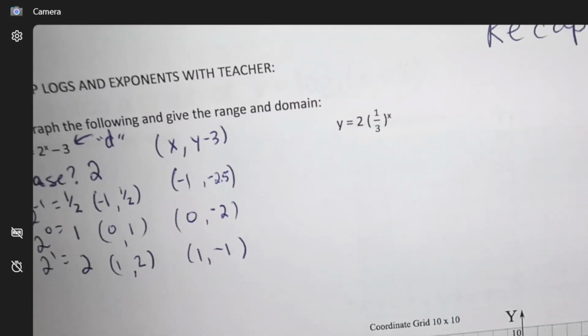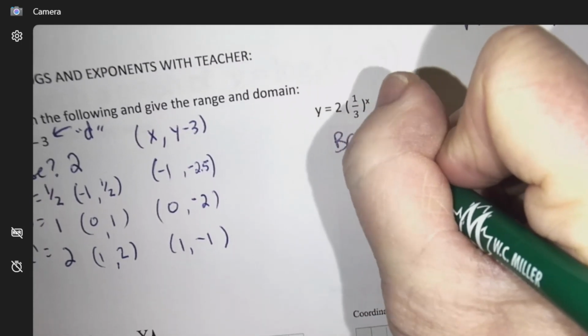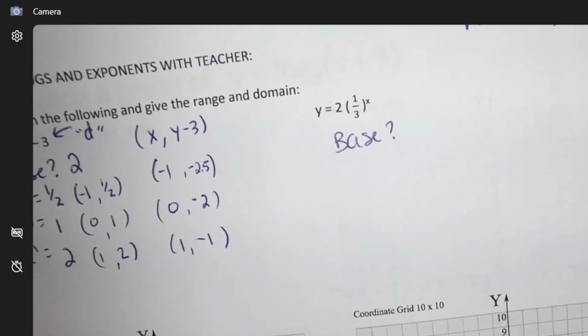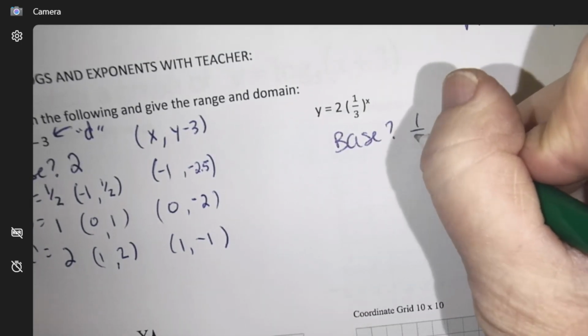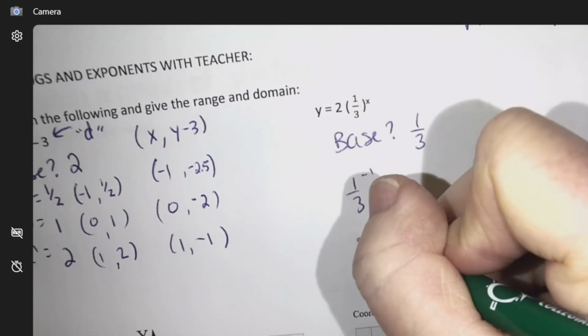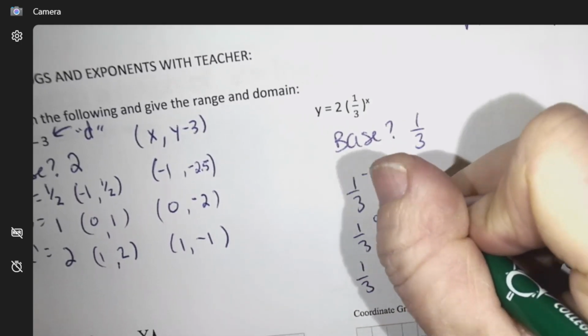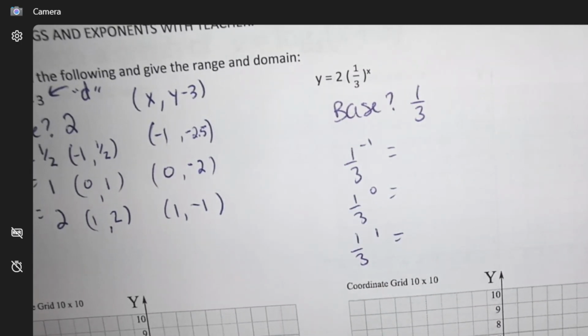And graph 2. So always you say, what is the base? 1/3 is a base. So I always run the same thing, negative 1, 0, and 1.